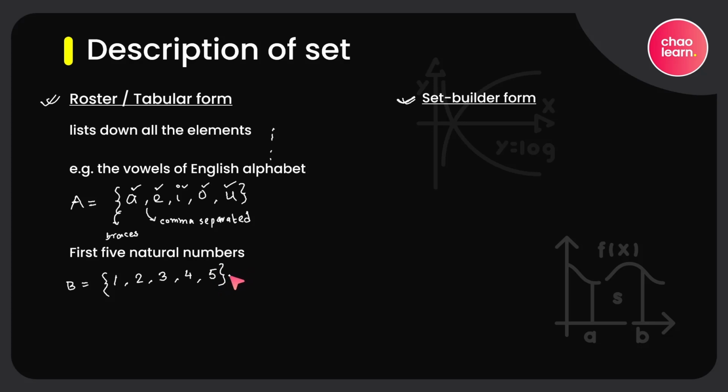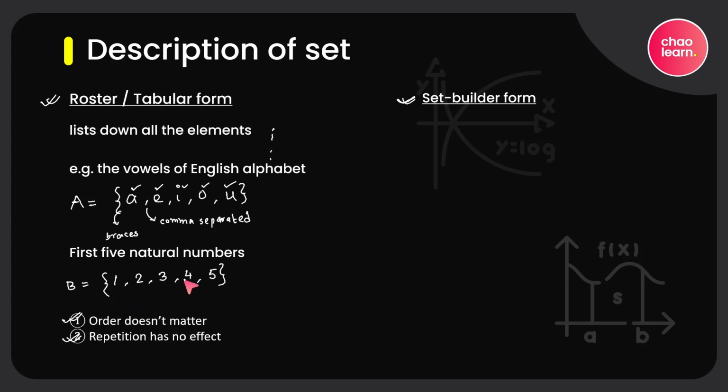While writing in the roster form, it is important to keep in mind two very important points. The first point is that order doesn't matter. Whether you write it as A, E, I, O, U or you write it as U, O, I, E, A, that doesn't matter. You only have to list down all the elements within the set. And repetition has no effect.